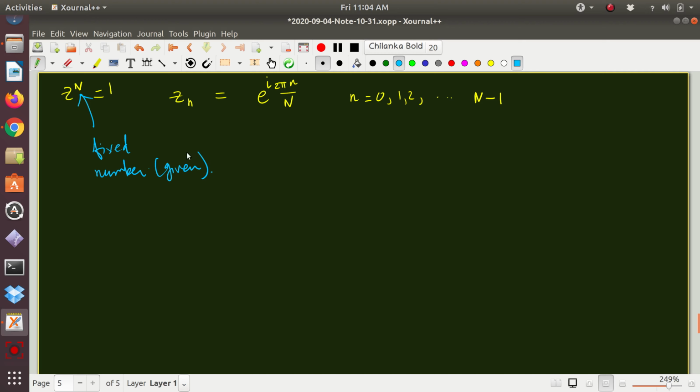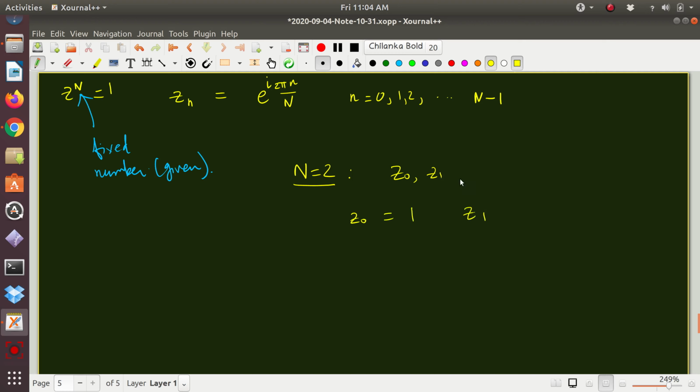So let's now understand what these N roots of z to the N are. z to the N is 1, whereas N is given to you. What are the N roots? Now let's say N is equal to 2. So you have 2 roots, z0 and z1. What is z0? You put small n is 0, which means just 1.